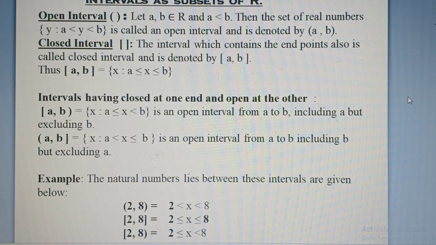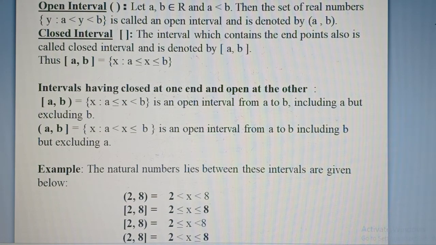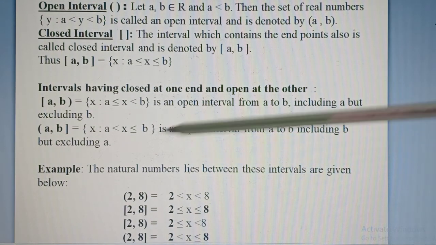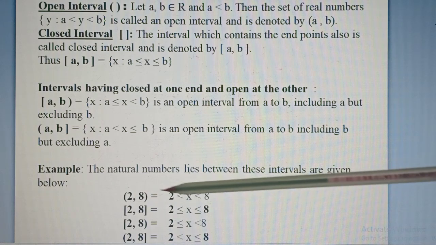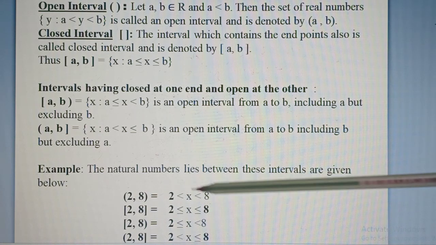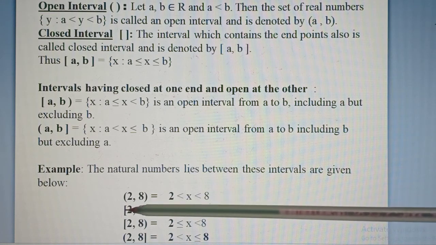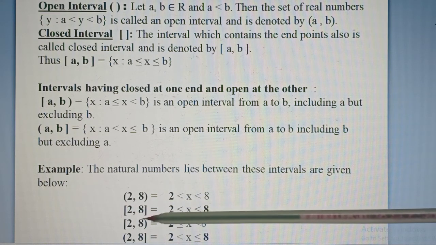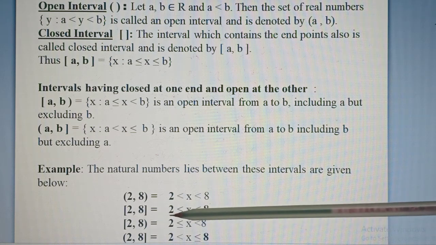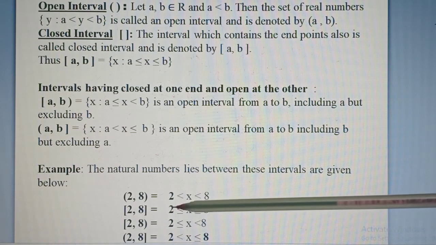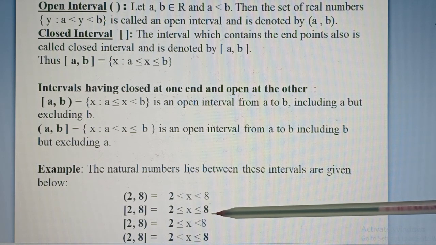There are some examples given. You can see here the same examples given in terms of brackets. So the open bracket (2, 8) means that x lies between 2 and 8, excluding 2 and 8. Here [2, 8] is the closed bracket, so 2 less than or equal to x less than or equal to 8.